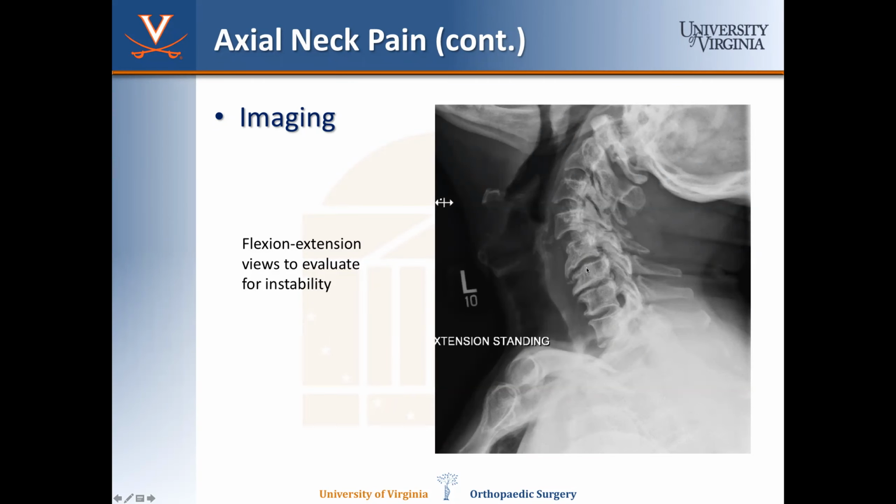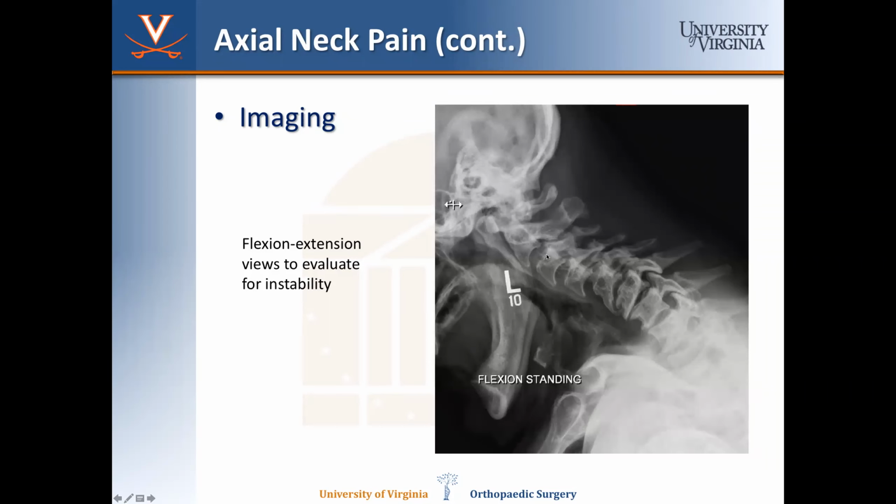Perhaps here you have a grade 1 anterior listhesis of C5 on 6, but on flexion it may not move. This one moves a little bit. So this person has dynamic instability of C3 on 4, 4 on 5, and 5 on 6 that partially reduces on extension. Flexion extension views are good for bringing out dynamic instability.